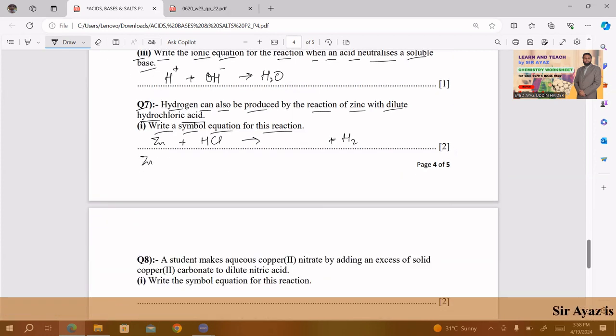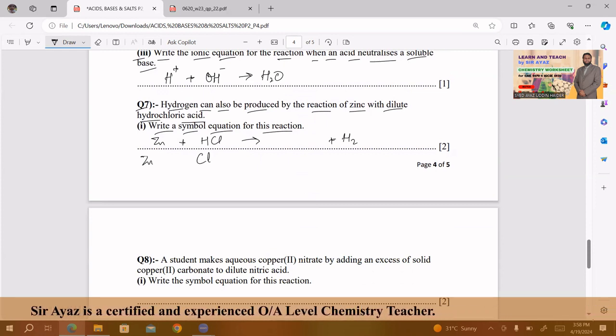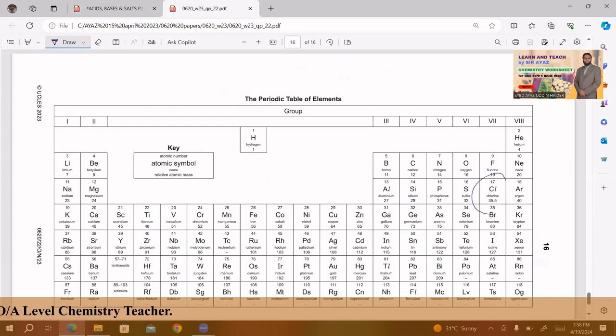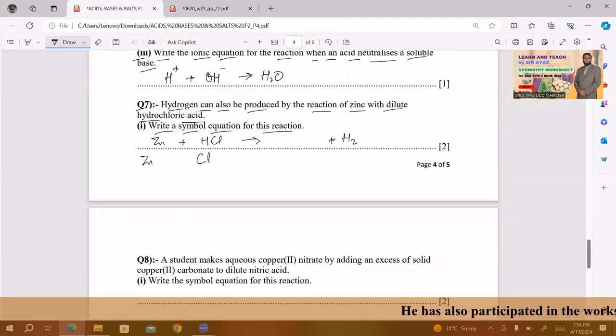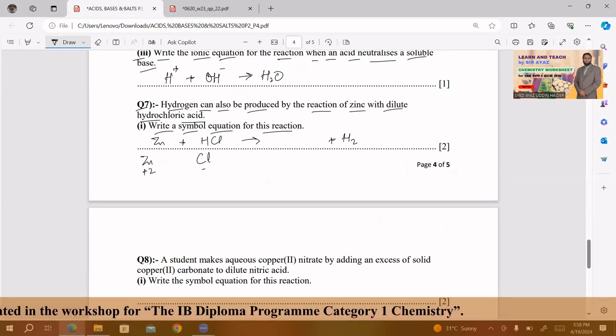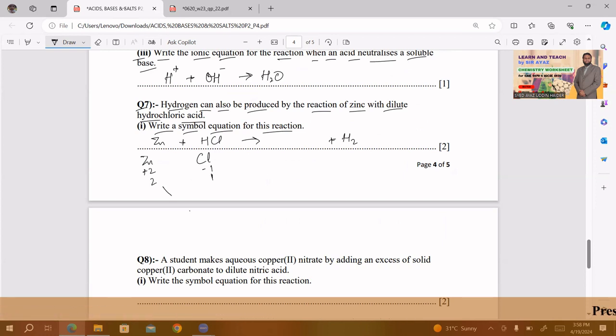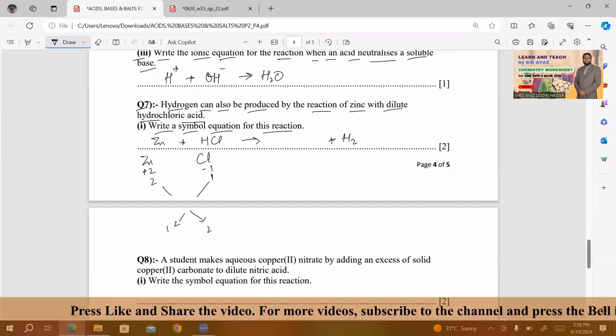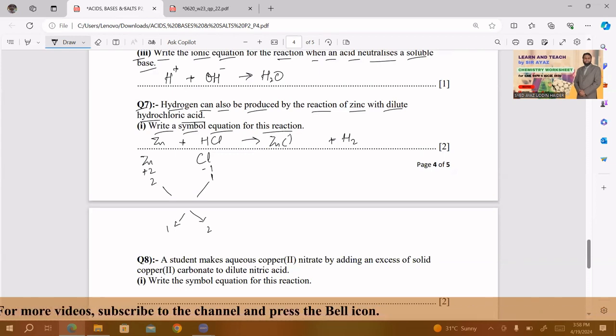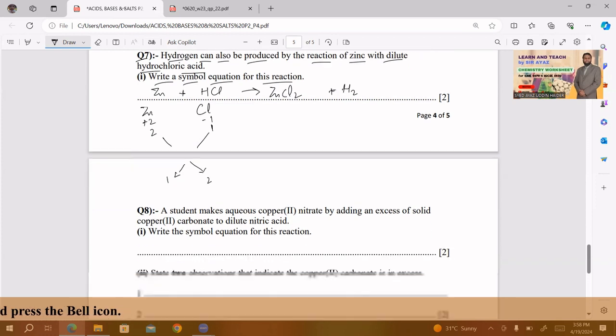Cl is the chloride, it's in group 7. Minus 1 will be the valency for group 7. Zinc carries plus 2 charge always. Ignore the charges. So we will get ZnCl2 as the final formula.